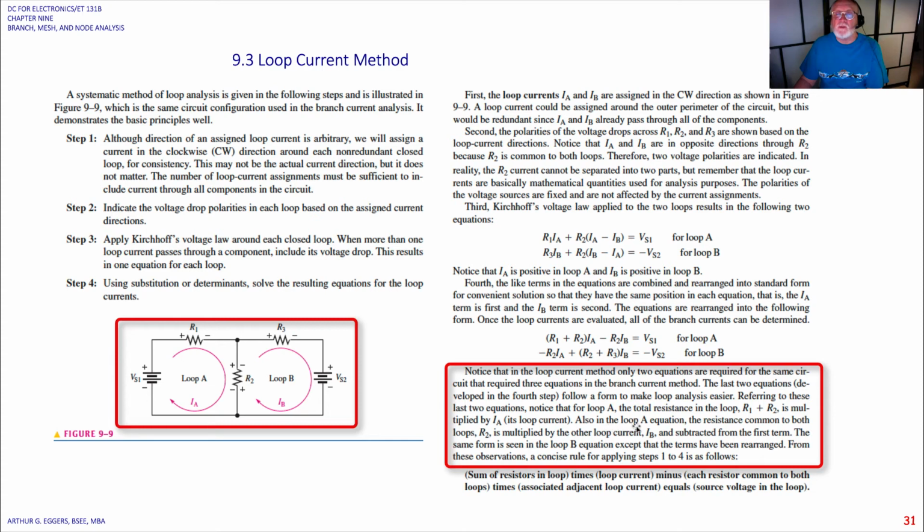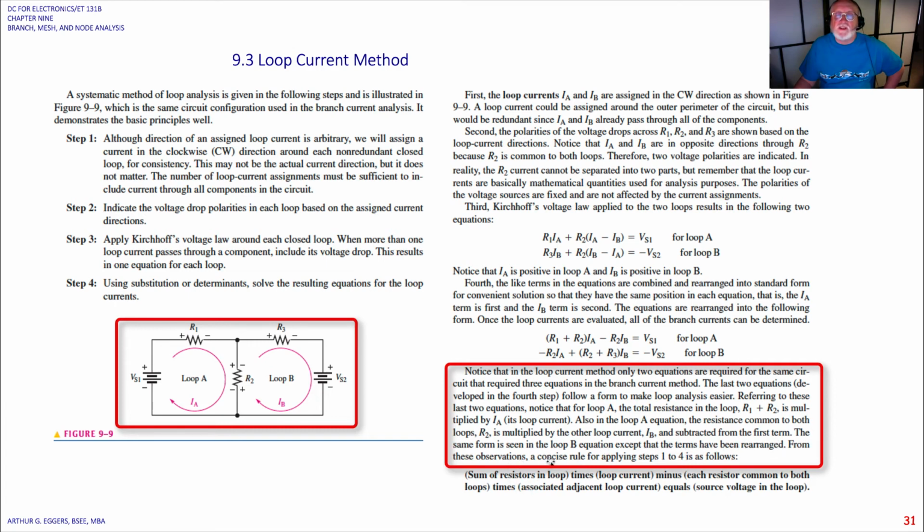Also, in the loop A equation, the resistance common to both loops, R2, is multiplied by the other loop current, I sub B, and subtracted from the first term. The same form is seen in the loop B equation, except that the terms have been rearranged.